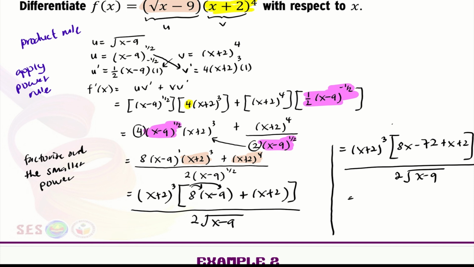Simplifying this bit here, we should have 9x minus 70 inside the bracket, and we also still have that (x plus 2) to the power of 3, and everything is divided by 2 square root of x minus 9, and I believe that this will be the final answer.